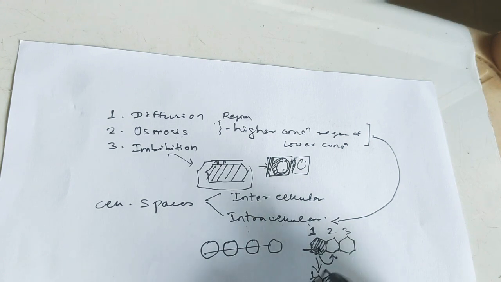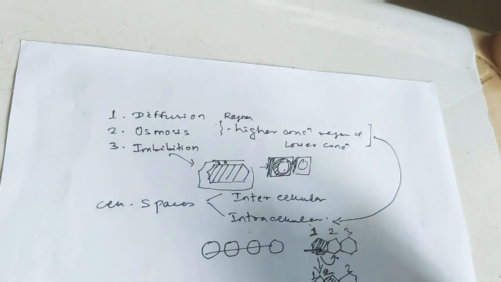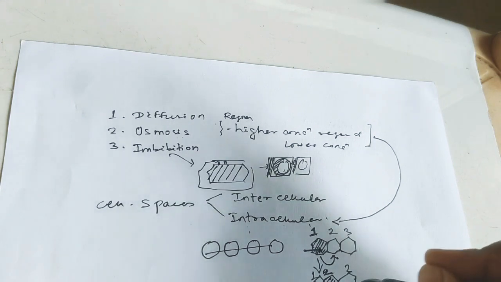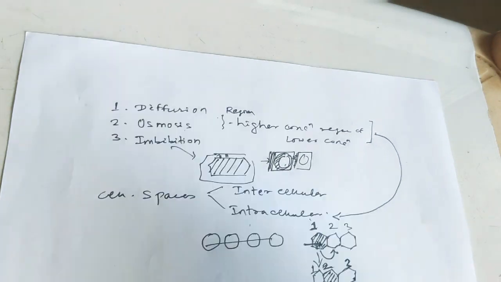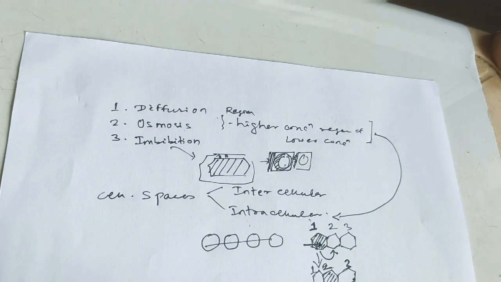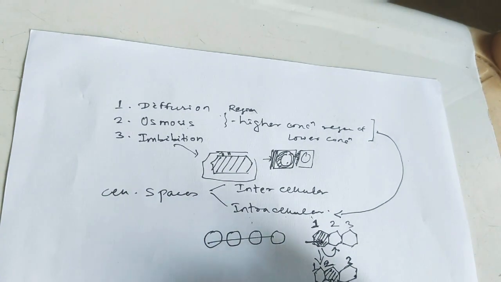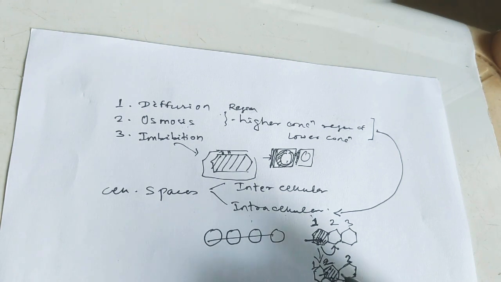Got it? Likewise it happens again: the solvent moves to the second cell, from the high concentration region to the lower concentration region. Clear? In this manner the solvent travels from cell to cell.